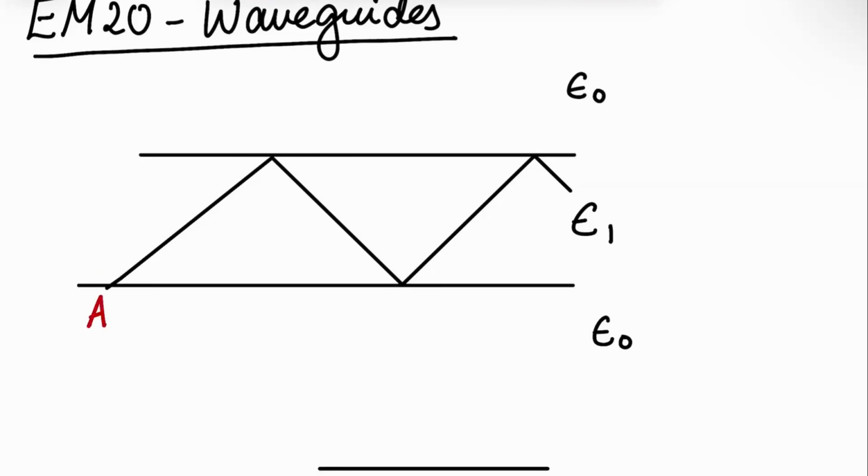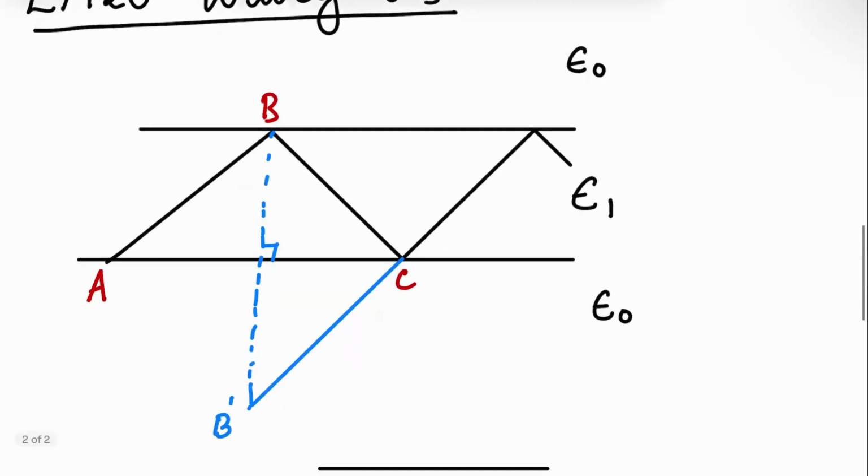Let's call this B, and let's call this C. And I'll draw a perpendicular straight down from B. And then I take an image of BC. So this is the image of BC, and I'll call this B prime C.